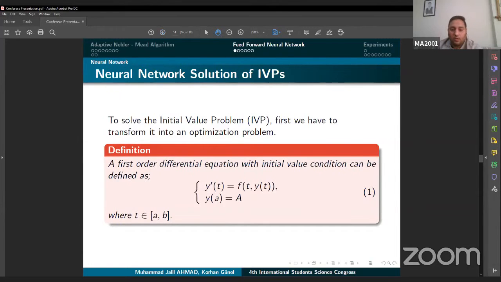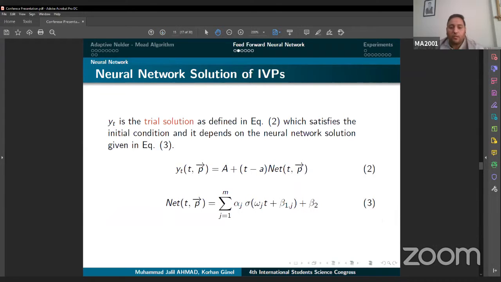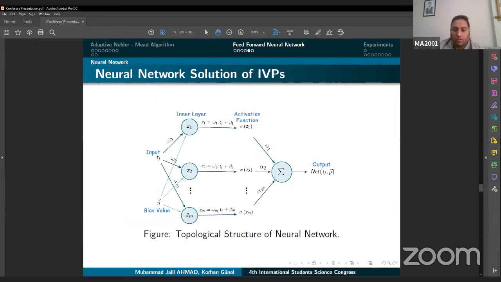We know that we define an initial value problem like this. I have to skip some steps here as we only have 3 minutes. In the neural network, we will define a trial function, and in this trial function we have a number of unknown variables.